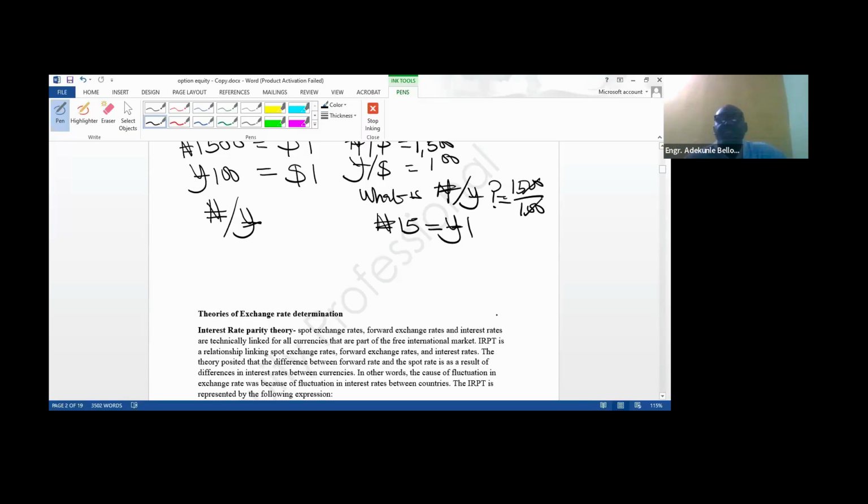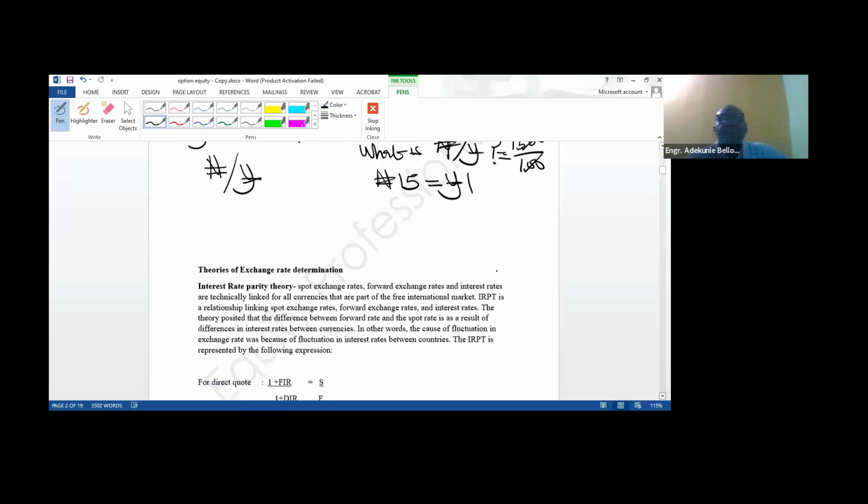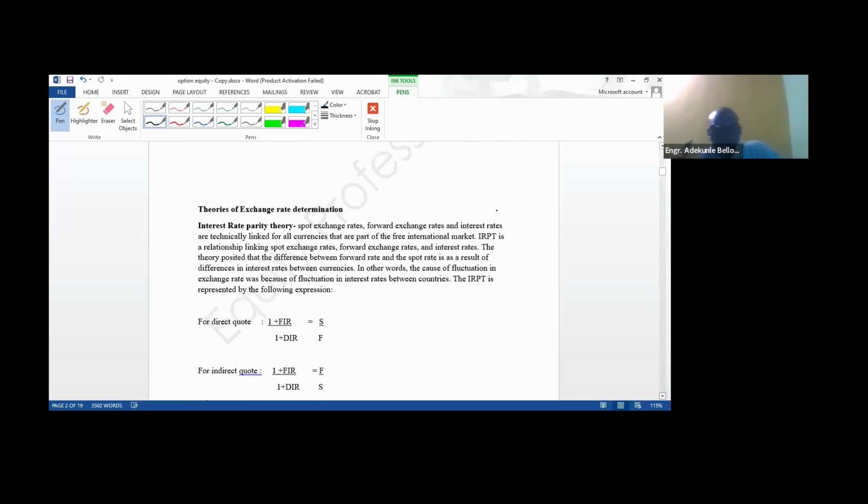This theory states that the differences in exchange rates between two currencies occur as a result of differences in interest rates.